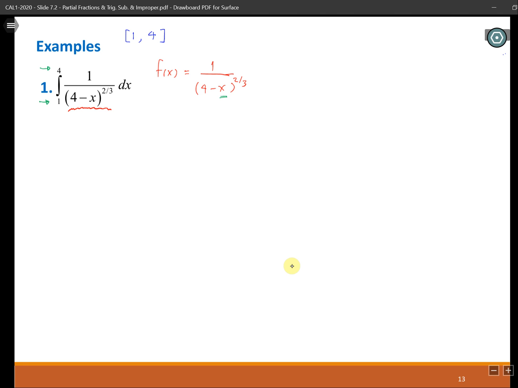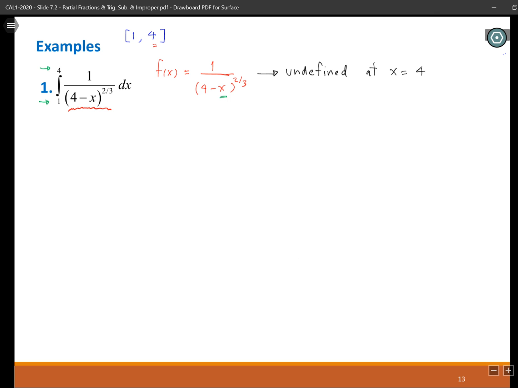So let's conclude here that this f(x) becomes undefined at x equal to 4, and that's when we have division by 0. Alright, and as you can see here, x equal to 4 is right at the upper bound of the integration interval right here. So the problem will occur right at the upper bound.